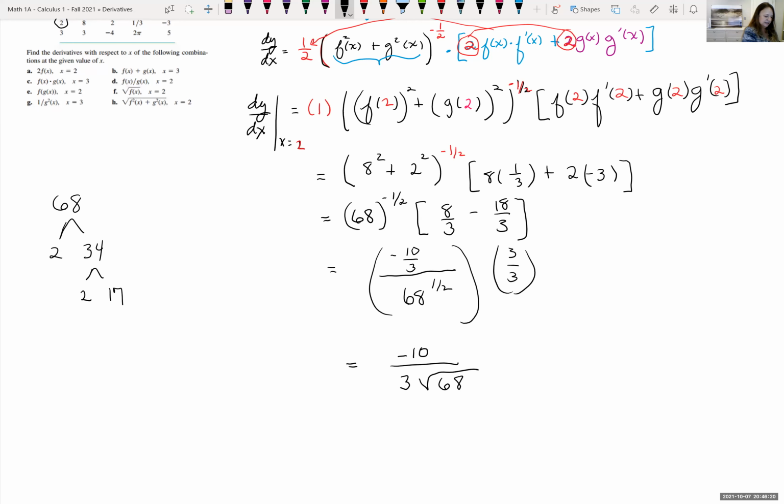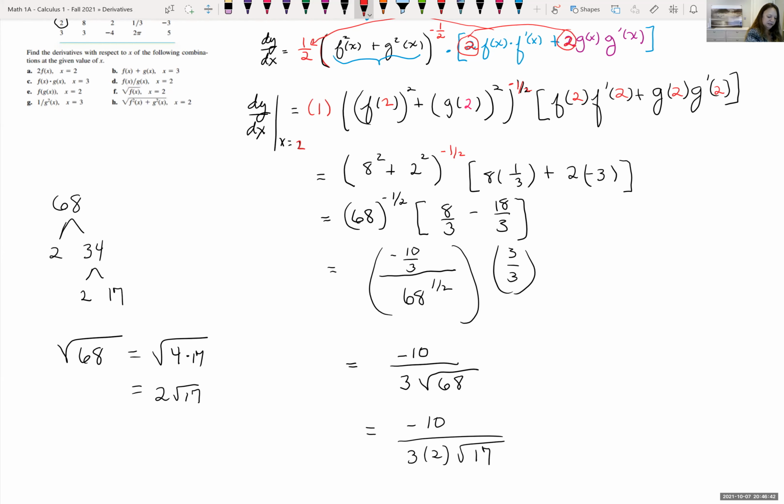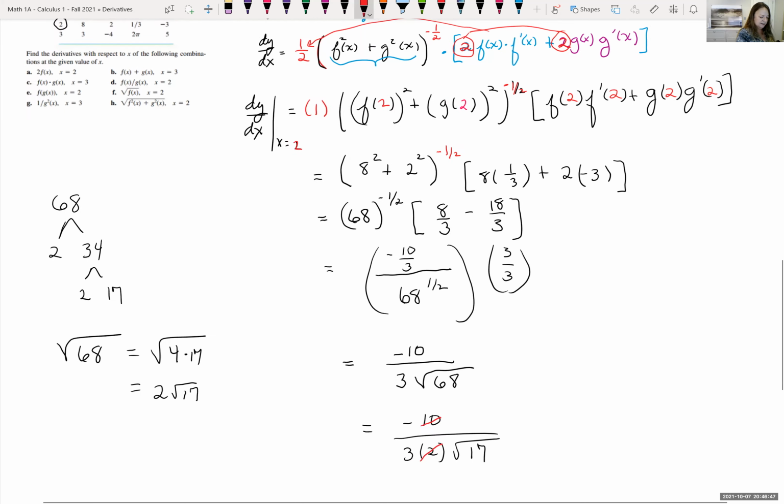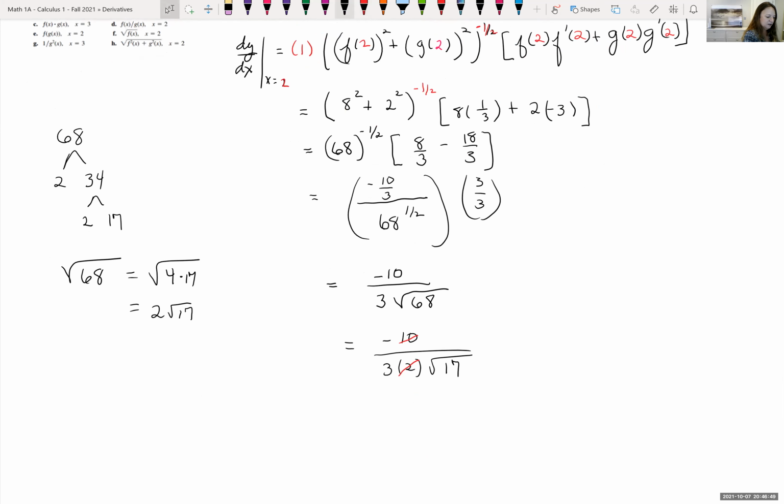So the square root of 68 is the same thing as the square root of 4 times 17. The square root of 4 is 2, so 2 root 17. So the 2's cancel. 2 goes into negative 10 negative 5 times. So we have negative 5 in the numerator, all over 3 root 17.